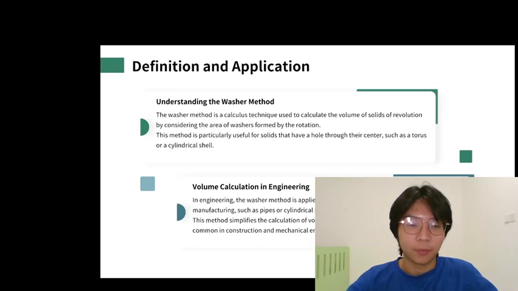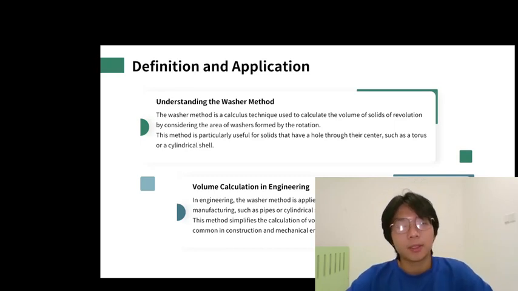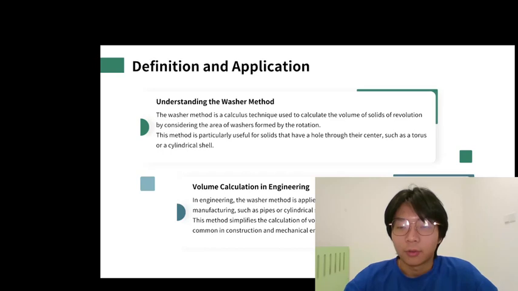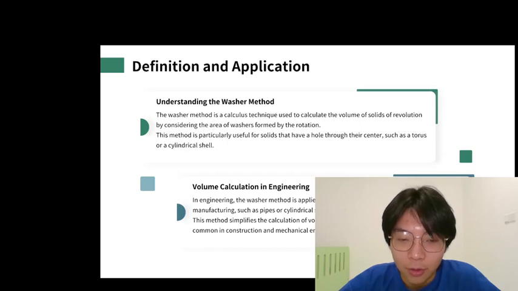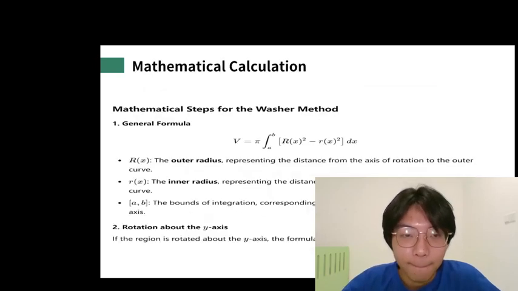In engineering, the washer method is used to calculate the volumes of materials needed for manufacturing, such as pipes or cylindrical structures. This method simplifies the calculation of volumes for cylindrical objects, which are common in construction and mechanical engineering.